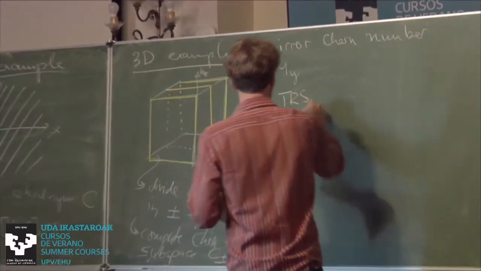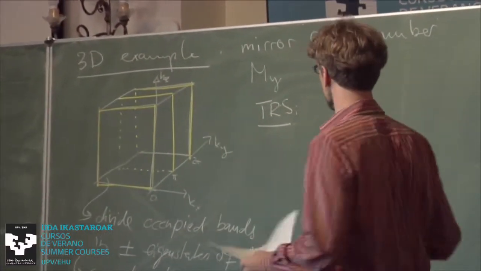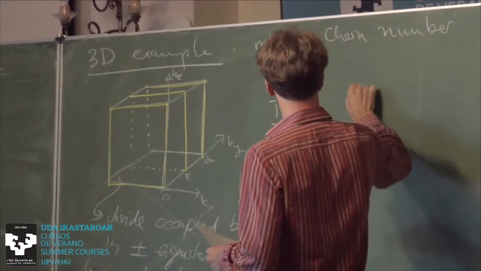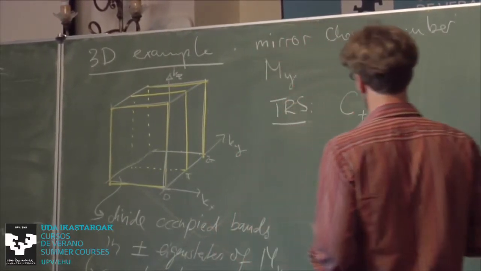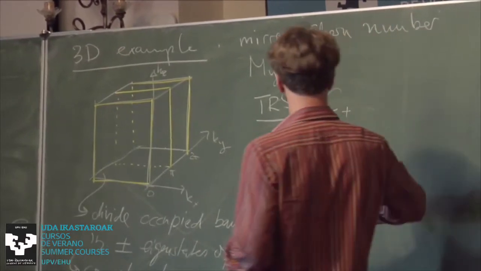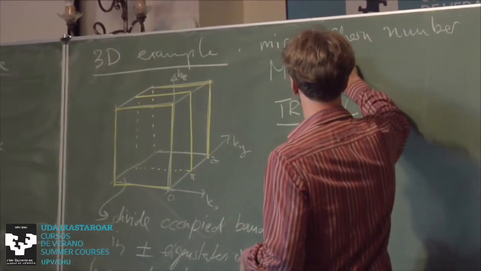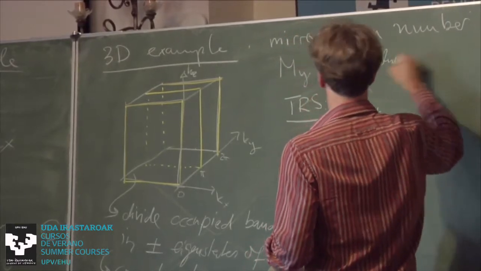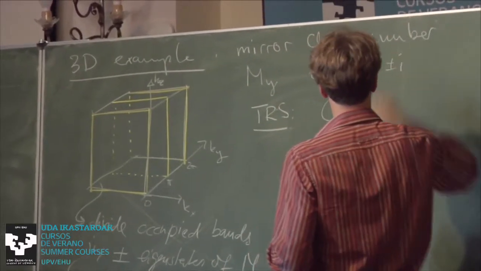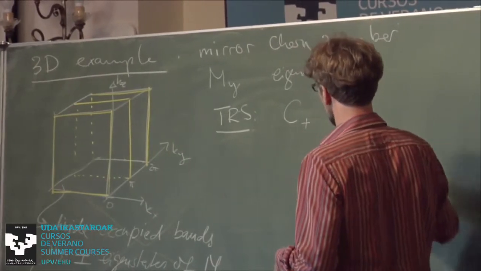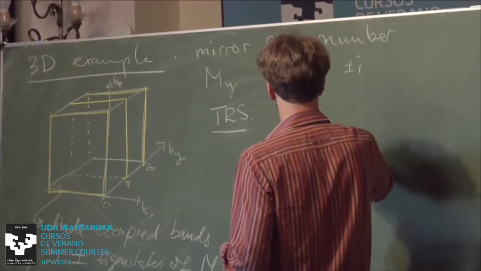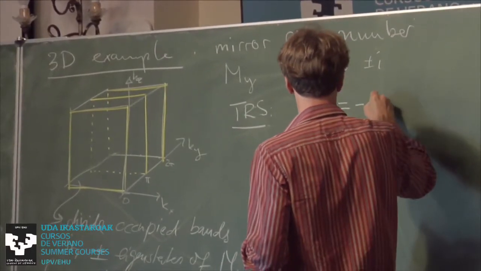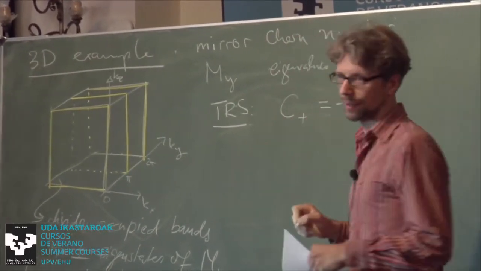I don't have to do that, but many crystals are time reversal symmetric, so it's a good example. Let's look at a spinful system, where the eigenvalues of My are plus and minus i. Then time reversal symmetry will say that the Chern number of the plus i manifold is equal to minus the Chern number of the minus i manifold, right?